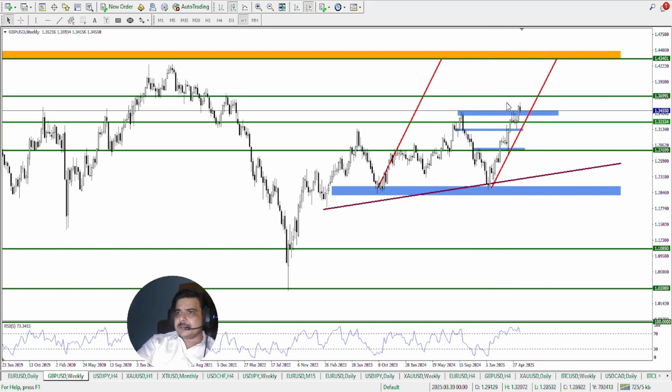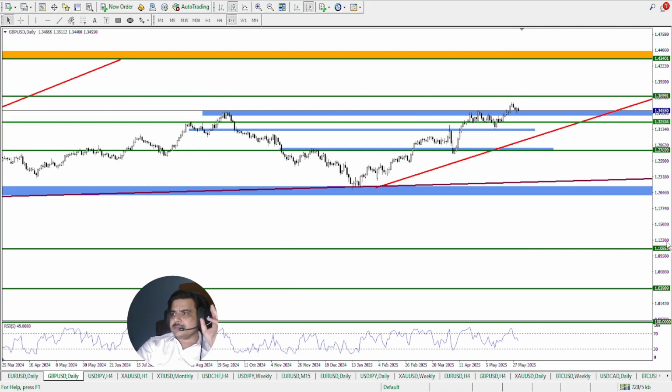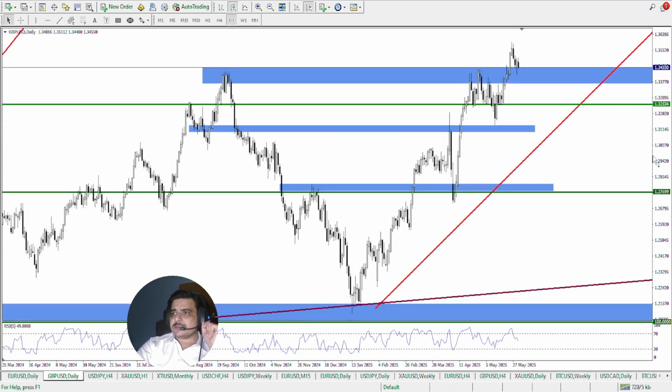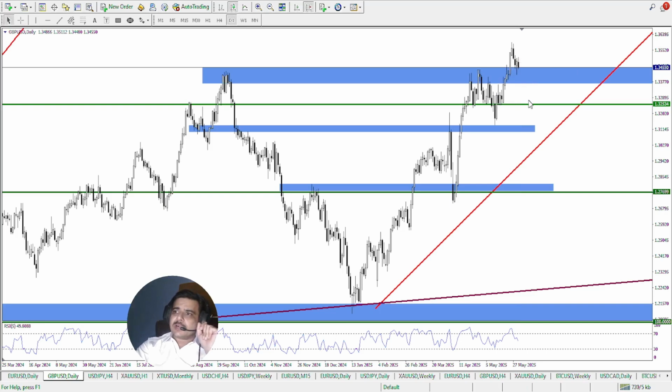Let's see in the upcoming week what it is going to do. But there was one level which is obviously broken to the top side of the market. Now we have to verify it in the upcoming week, whether this was a valid breakout point or not. So how do we know if this is valid or not?